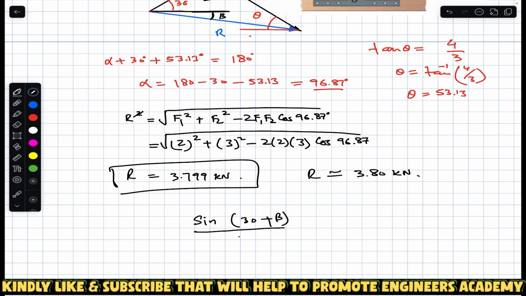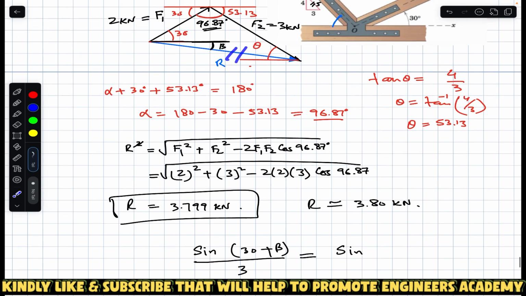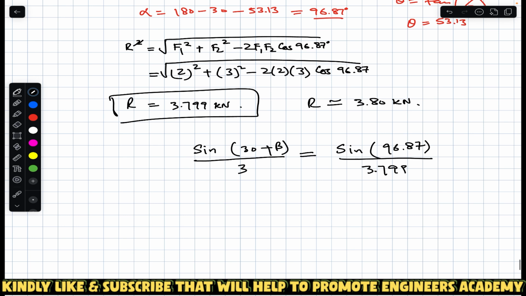So divided by 3 is equal to sine of this 96.87 divided by the resultant magnitude, which is 3.799.